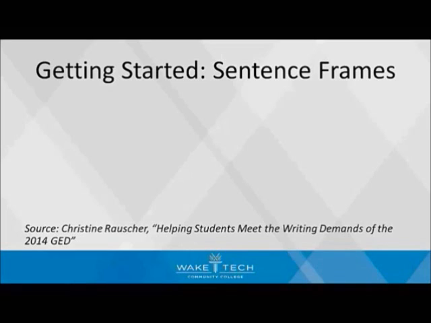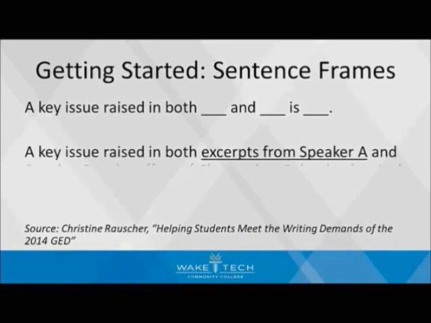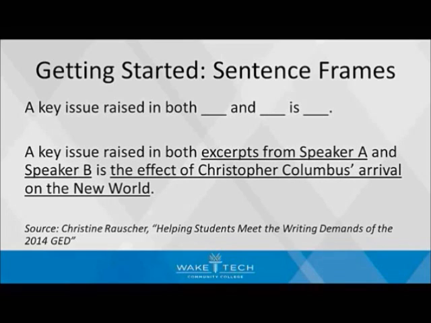Here's an example. A key issue raised in both blank and blank is blank. Using the passages we just read, we could say something like, a key issue raised in both excerpts from Speaker A and Speaker B is the effect of Christopher Columbus's arrival on the New World.